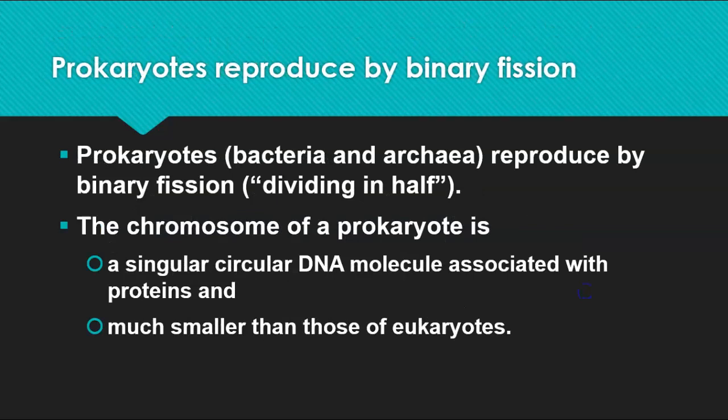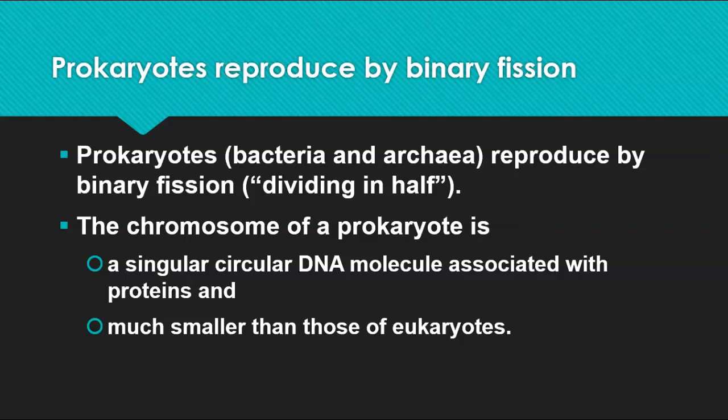Prokaryotes are very simple. Remember, they're basically some cytoplasm inside a cell membrane and a cell wall, and some DNA with some ribosomes and enzyme processes, and they're very, very simple. And so they actually reproduce in a very simple way too. The process is called binary fission, which just means dividing in half.